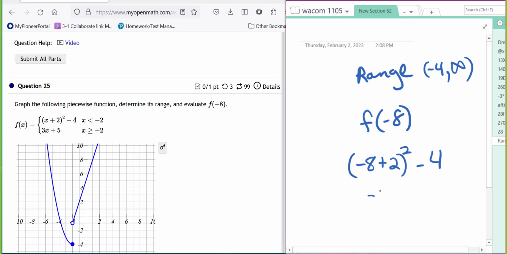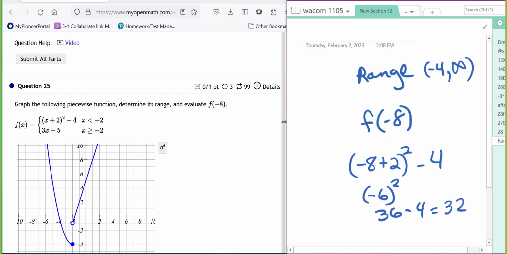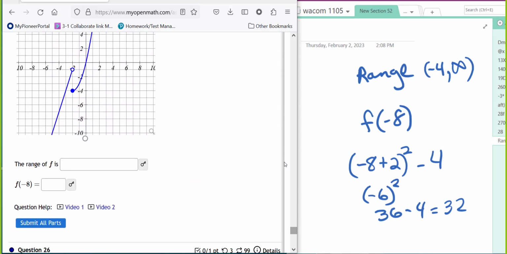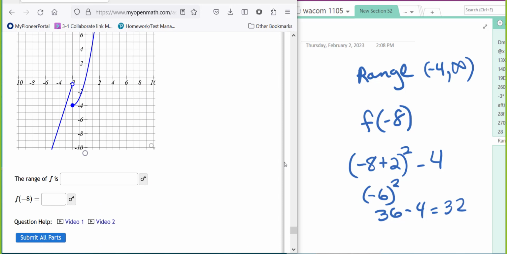So this gives us -6 squared would be 36, minus 4 would give us 32. So we said range is -4 to infinity, and f of -8 is 32.